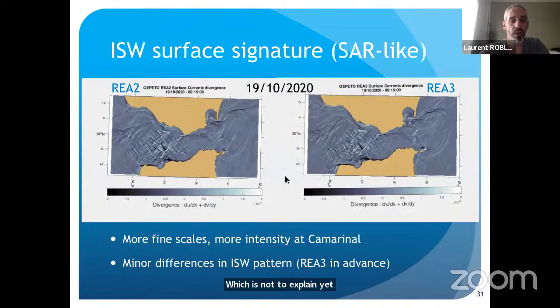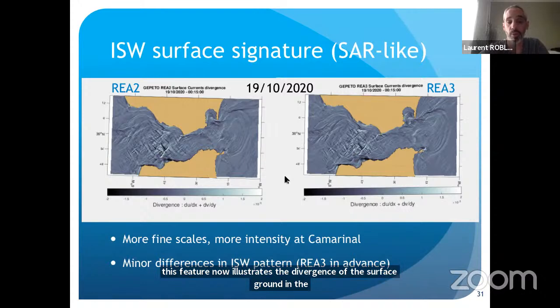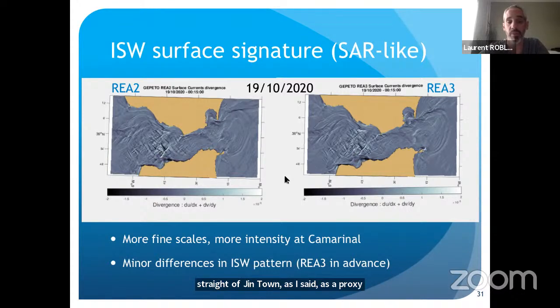This figure now illustrates the divergence of the surface current in the Strait of Gibraltar, as I said, as a proxy of surface roughness, which can be retrieved from SAR observation. Still on the 19th of October 2020, during the campaign.